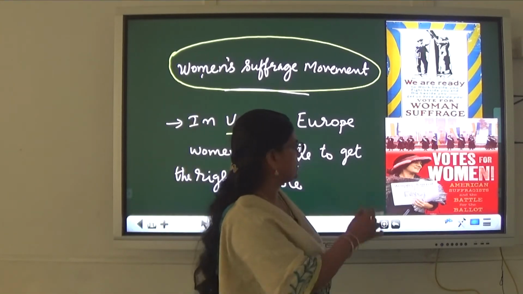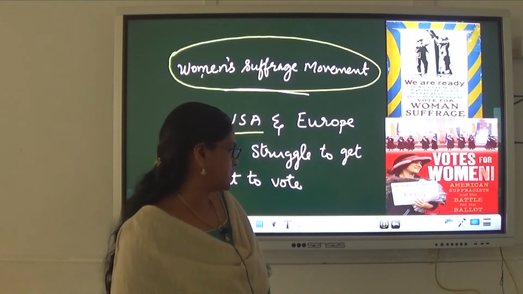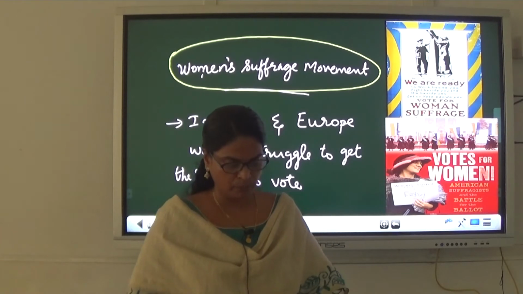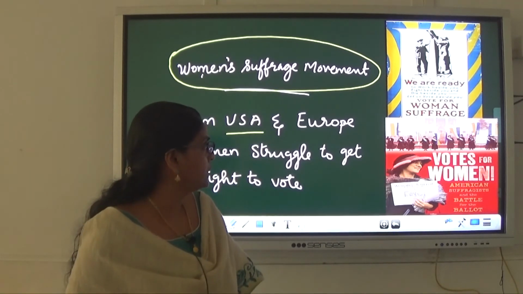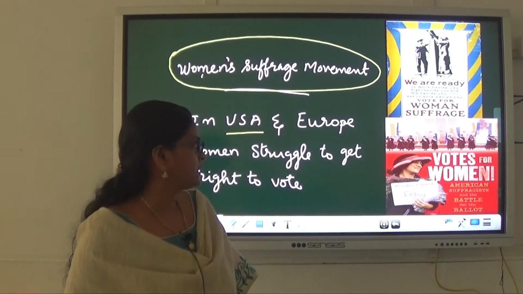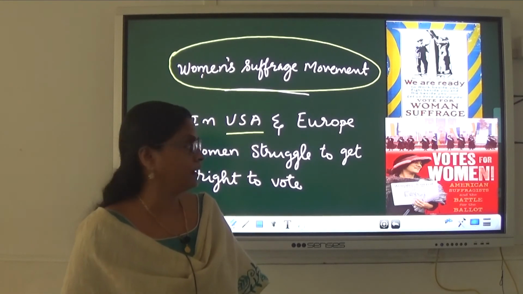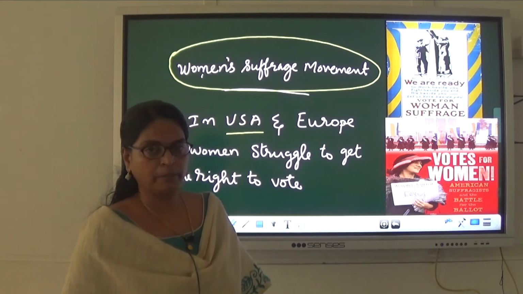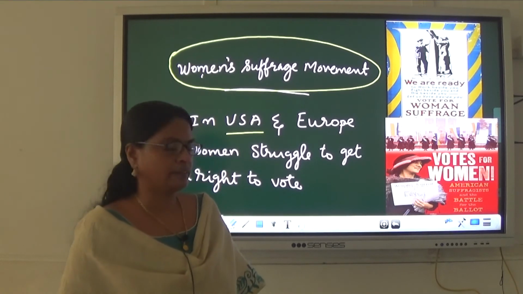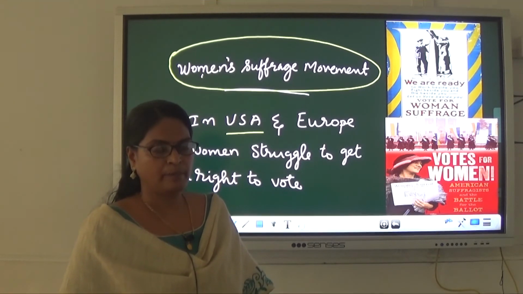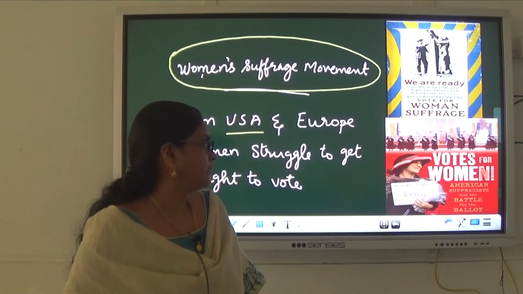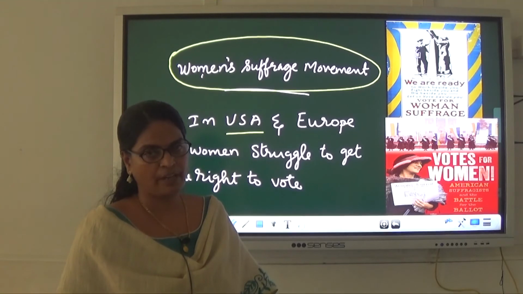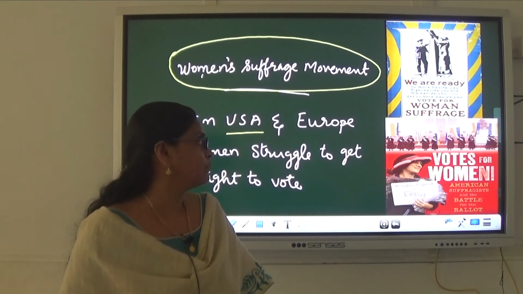You can see the posters from the time of the women's suffrage movement. We are ready to work beside you, fight beside you and die beside you. Women are saying that they are ready to die beside a man, but let us vote beside you.